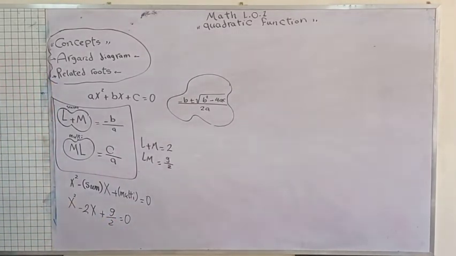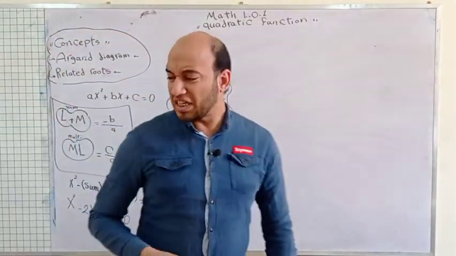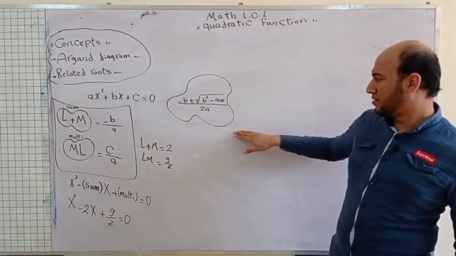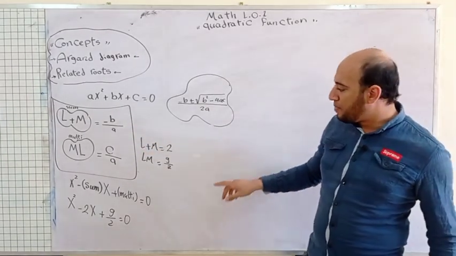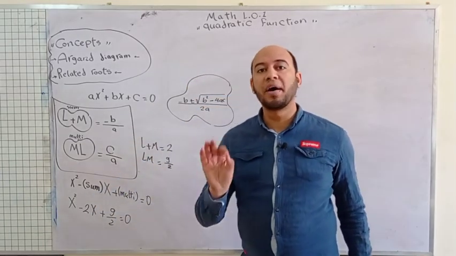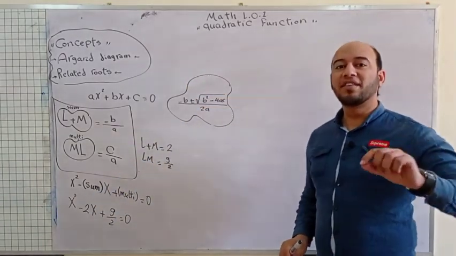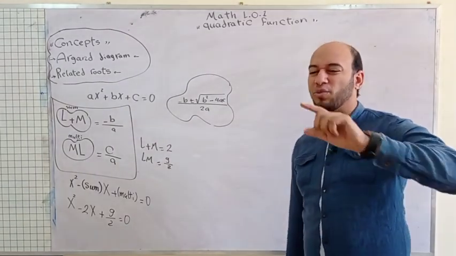This is the equation. One of you can say, this is not the same equation which was written here. But we can multiply the whole equation by 2 to get rid of the denominator, which is 2.